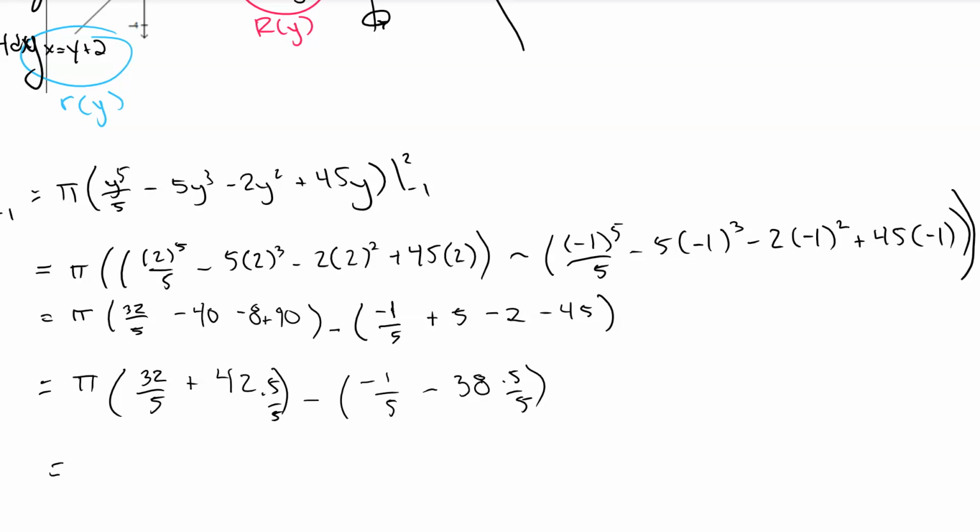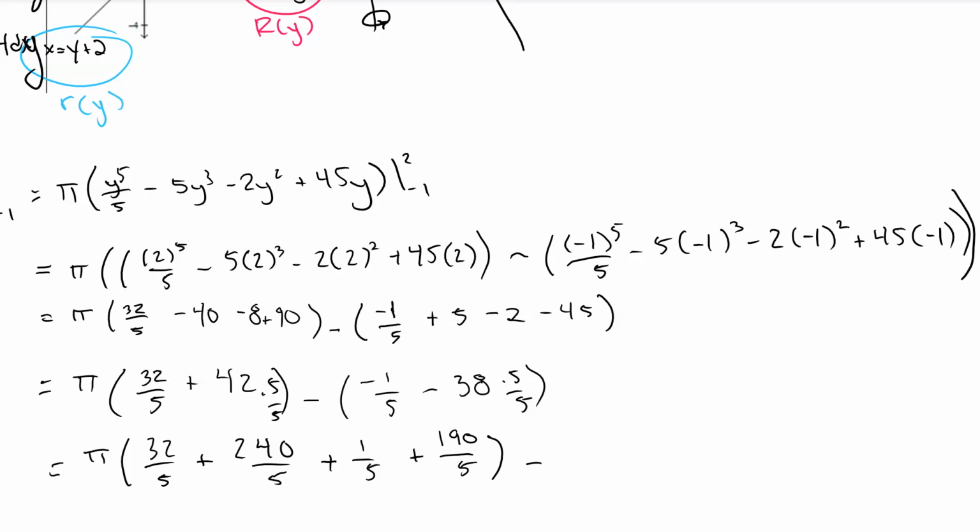All right, we're getting somewhere. So I've got 32 fifths plus 240 fifths plus 1 fifth plus 380, 190.